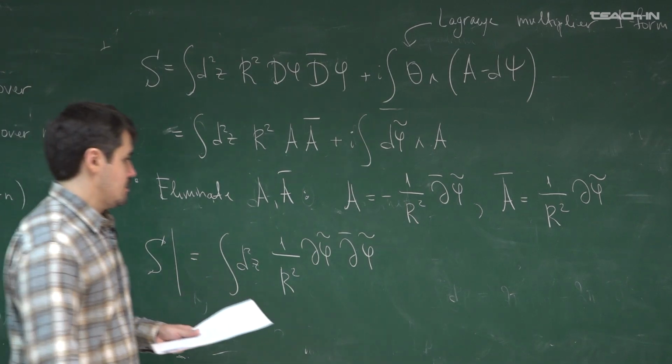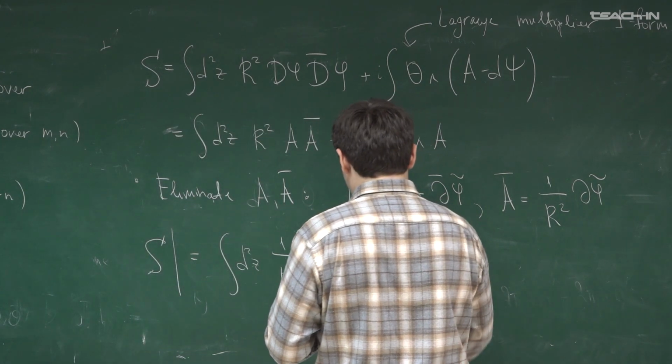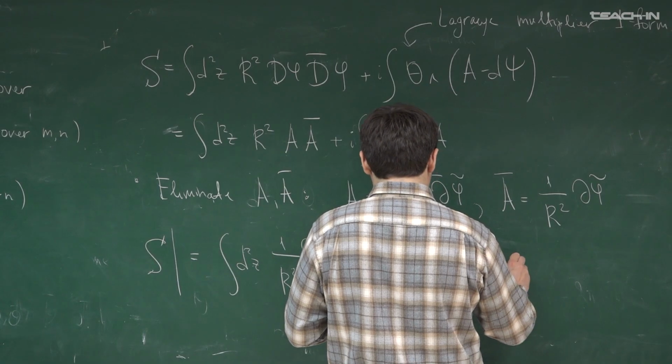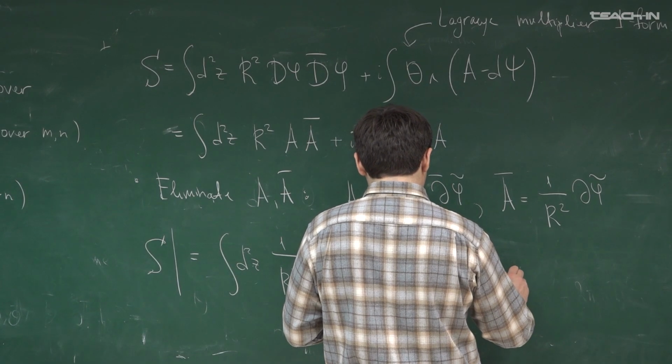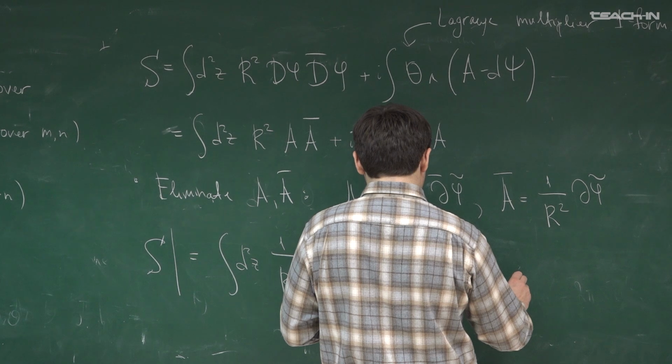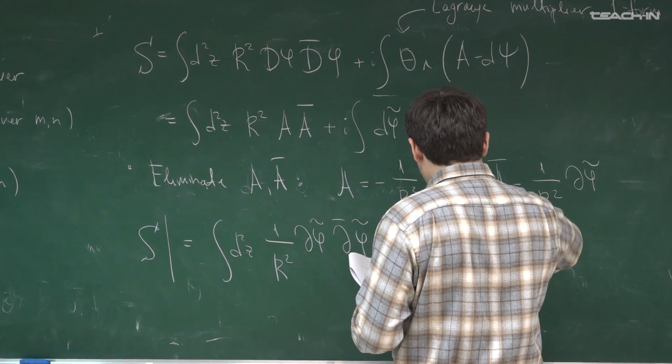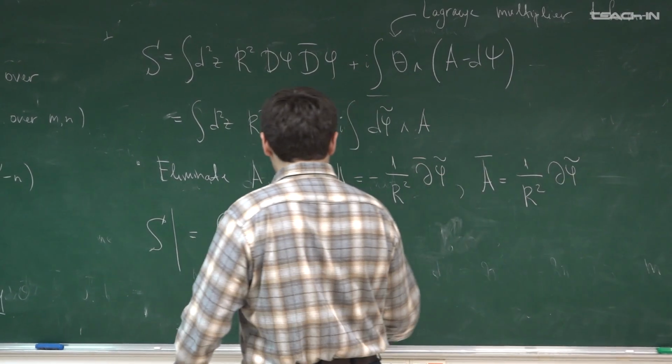So more exactly, the map is r squared to... yeah, so here phi tilde has periodicity 1.